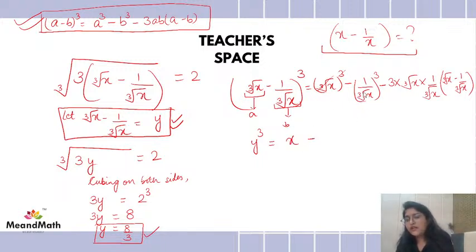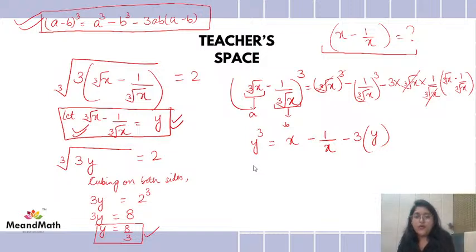Similarly, over here, this cube root will get cancelled with the cube and we are left with 1 by x. We'll get minus 3 over here, and in the bracket we are left with the term which we let as y. So here we get y. Now y cube plus 3y, on the left hand side, we'll get x minus 1 upon x. So this is how we can find this.